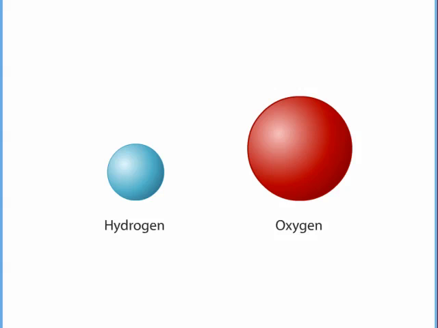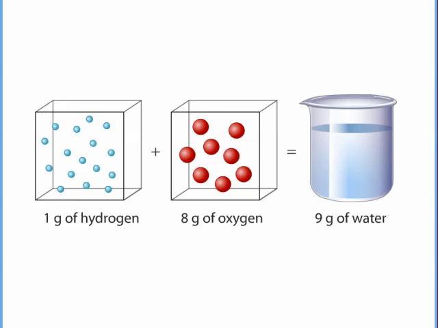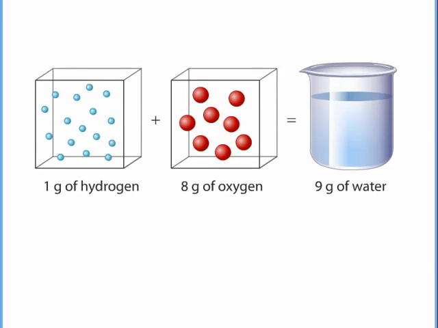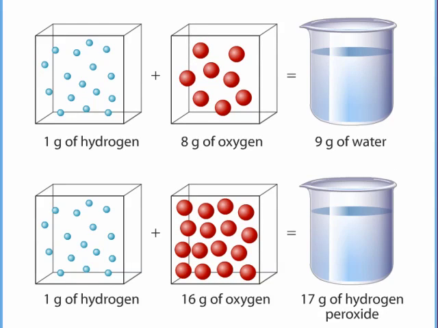This law can be demonstrated using 2 compounds formed from hydrogen and oxygen, water and hydrogen peroxide. A 9-gram sample of water results from the reaction of 1 gram of hydrogen gas with 8 grams of oxygen gas. A 17-gram sample of hydrogen peroxide results from the reaction of 1 gram of hydrogen gas with 16 grams of oxygen gas. We note that the amount of hydrogen in both samples is the same.